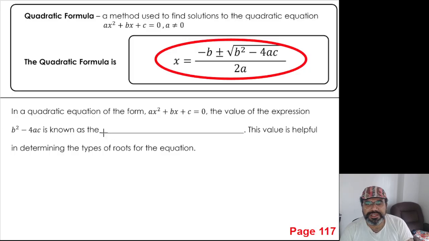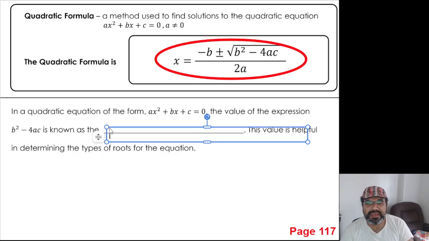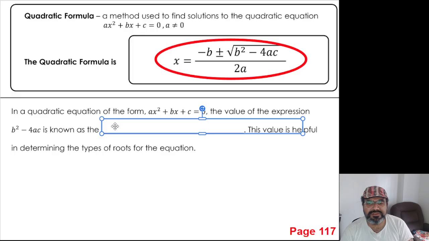In a quadratic equation of the form ax squared plus bx plus c equals 0, the value of the expression b squared minus 4ac is known as the discriminant.